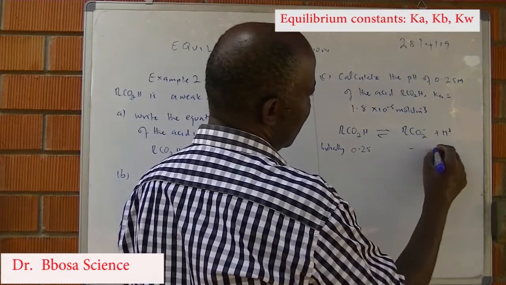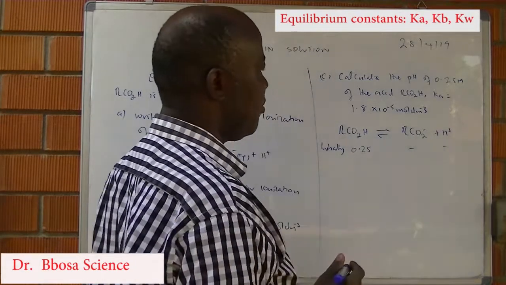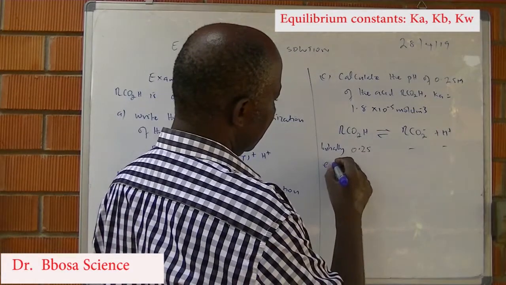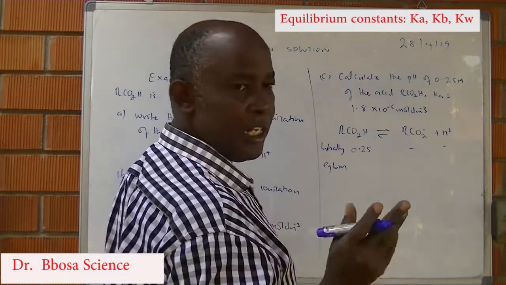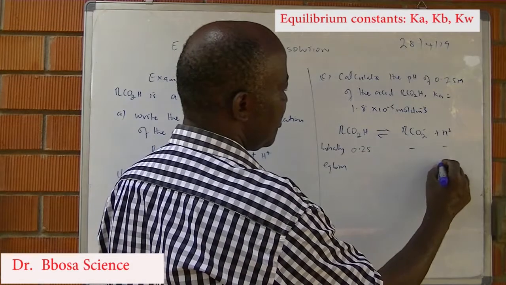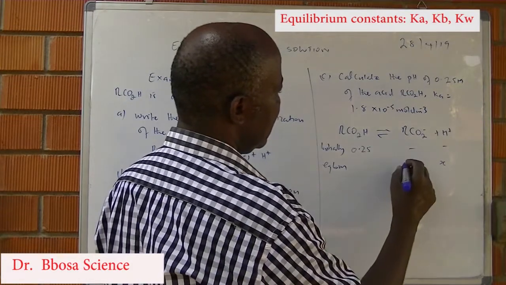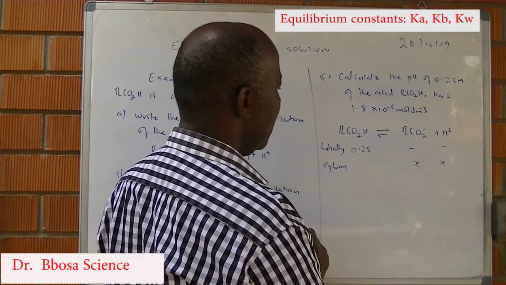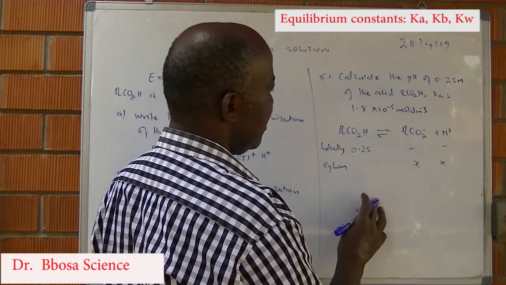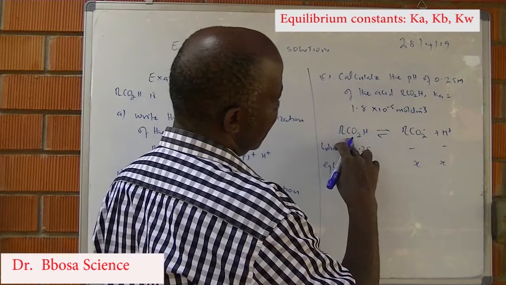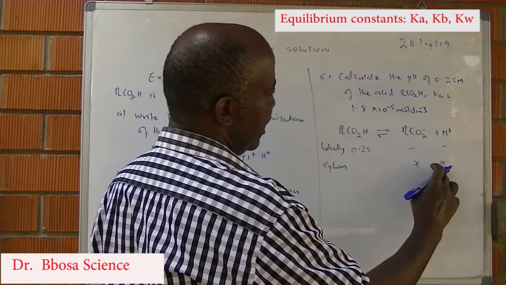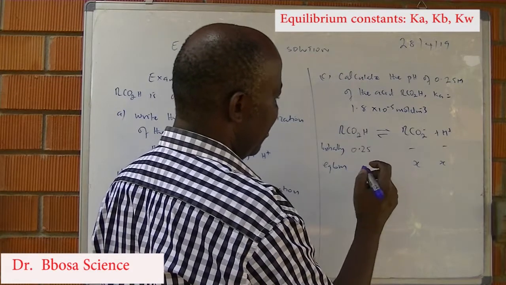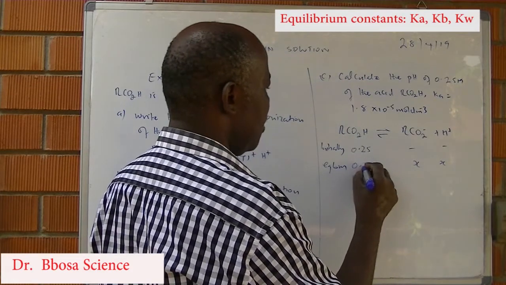We don't have moles of the anions and the moles of hydrogen ions. At equilibrium, we can let the concentration of hydrogen ion to be equal to X, the concentration of the anion to be equal to X, then the concentration of the acid, because 1 mole is ionized to give 1 mole. If X moles form, then X moles of the acid have ionized, and we are remaining with 0.25 minus X.